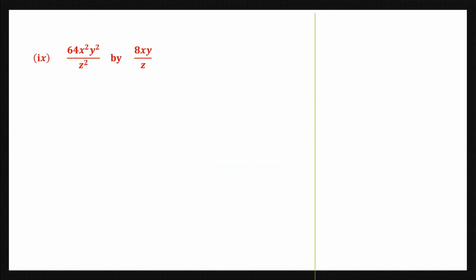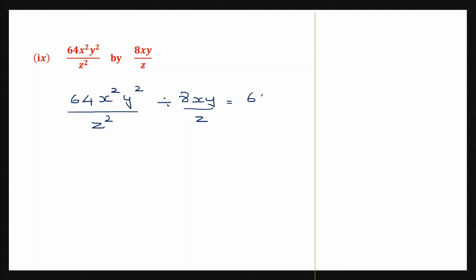Question 9. So here let's write this division question. 64x square y square by z square divided by 8xy by z. Okay, so we'll change it into the fraction form.